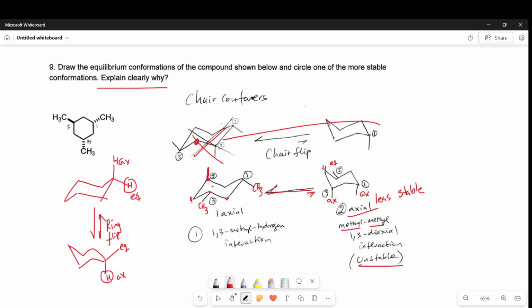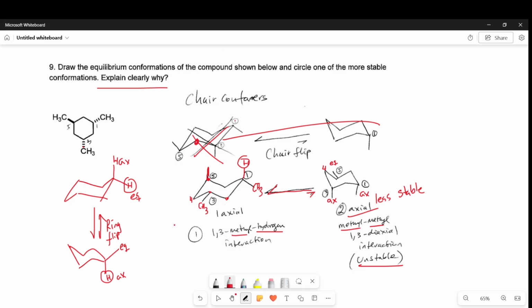Here there is 1 axial, and this is hydrogen, 1,3, 1 and 2 at this position. This is a 1,3 methyl-hydrogen interaction, not methyl-methyl. So here, 1 position to 3 is methyl-methyl, 2 large groups interacting, which makes it less stable.